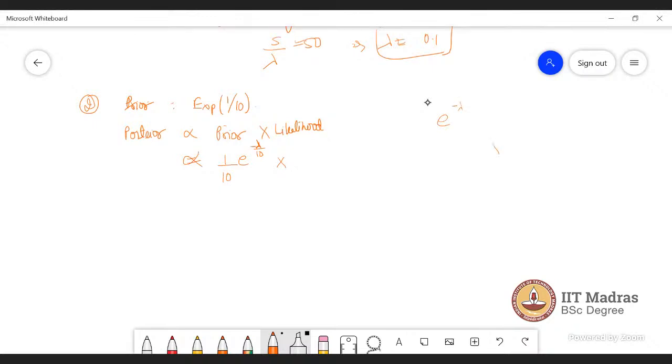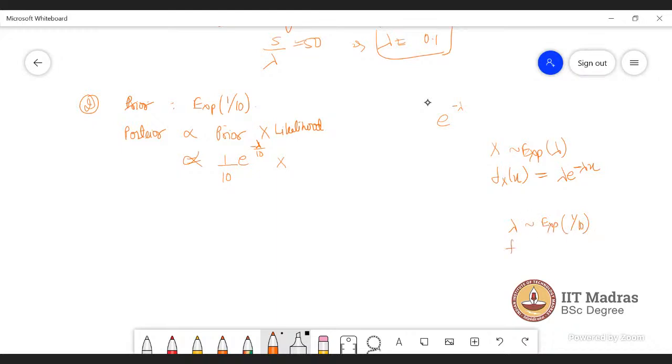If I have the random variable x that follows the exponential lambda distribution, then its function will be given by lambda e to the power minus lambda x. Now over here lambda is a random variable and it follows the exponential distribution with the parameter 1 upon 10.